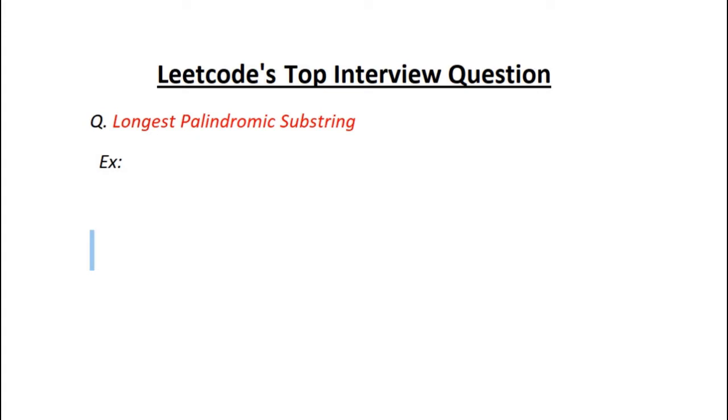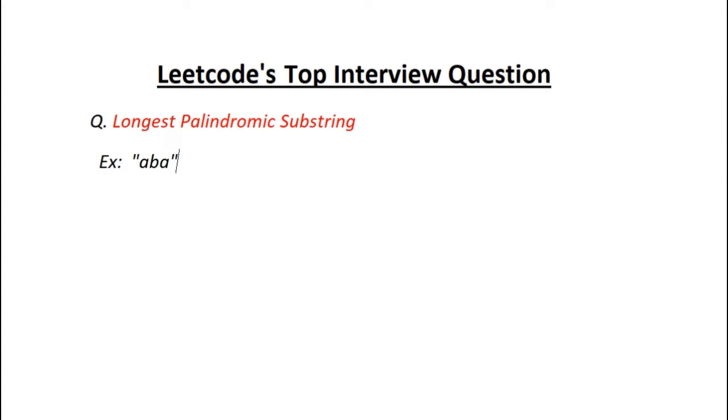We have to find the longest palindromic substring. We are given a string and we have to write a function for it. Let us first understand what's a palindrome. Let's take an example, say ABA. If we read ABA from left or right, it is the same.